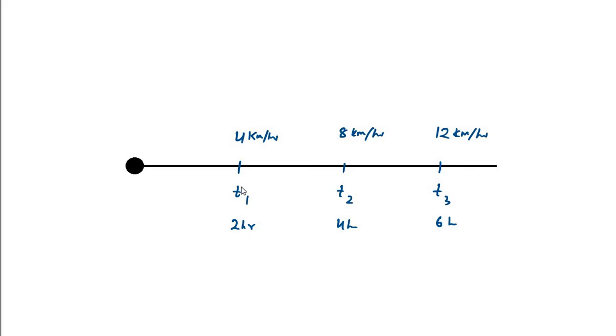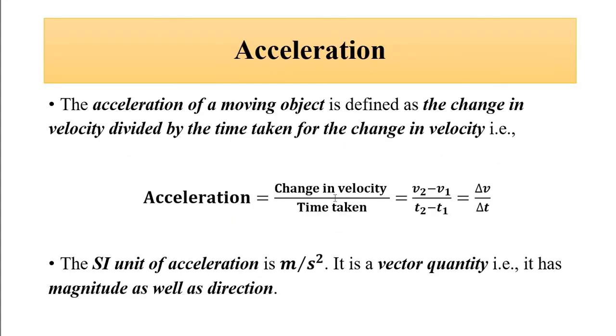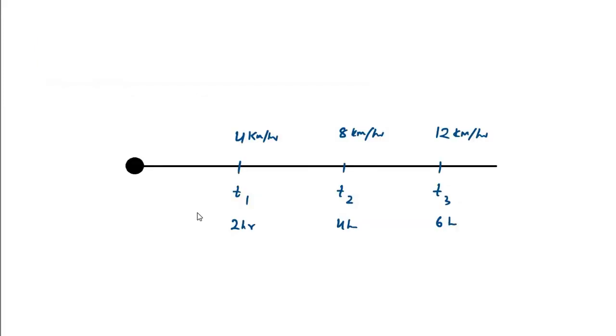So acceleration basically is the change in velocity, okay, the change in velocity from one instant of time to another, divided by the time taken for that change of velocity. Here the starting point is t0, this is 0 hour.